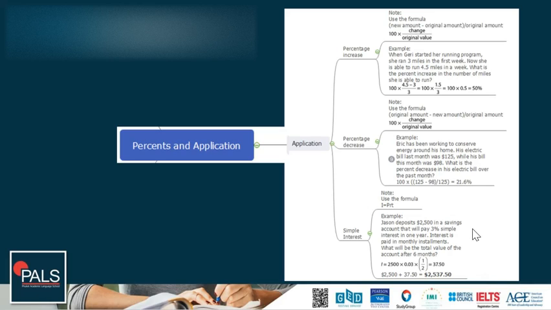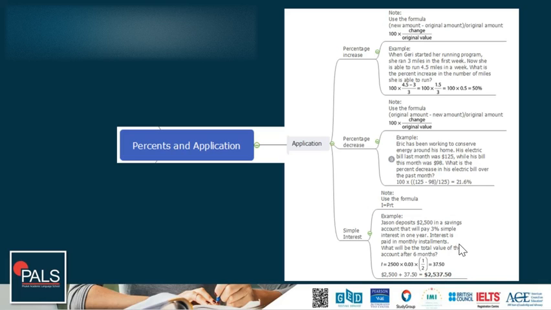So all we need to do is plug in all the values into the formula. So I is equal to the principal amount, 2,500, times 3%, which is 0.03 in decimal, times 6 months, which is half of the year. So that's why it's 1/2.